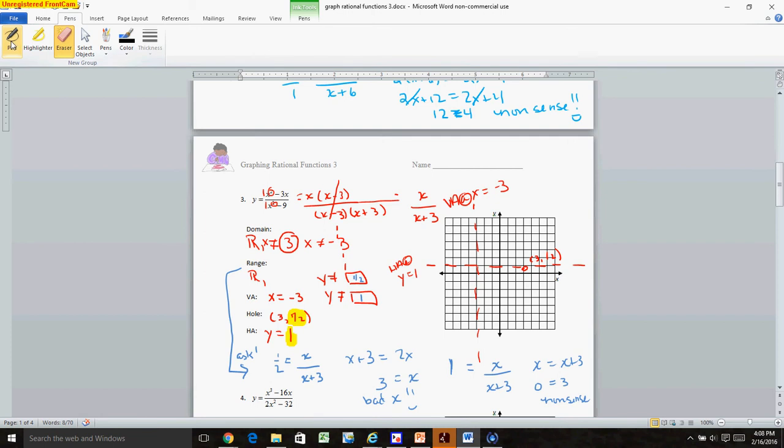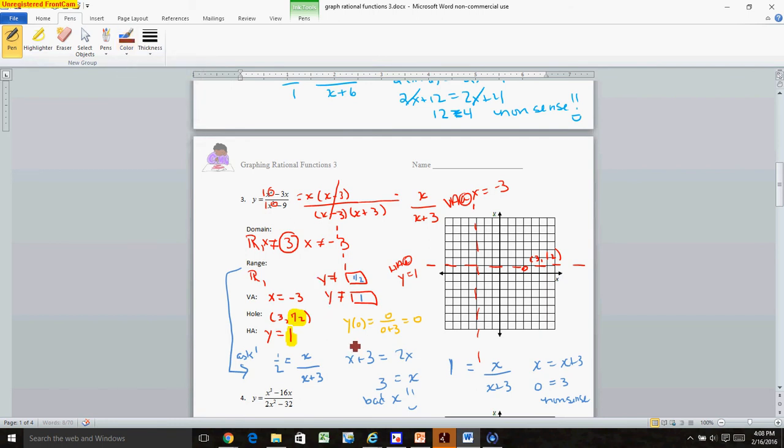Now I have to find my x and y intercepts. My y-intercept is plug in 0 for x, and I get y of 0 is 0 over 0 plus 3, which is 0. And then my x-intercept is what will make this equation equal to 0.